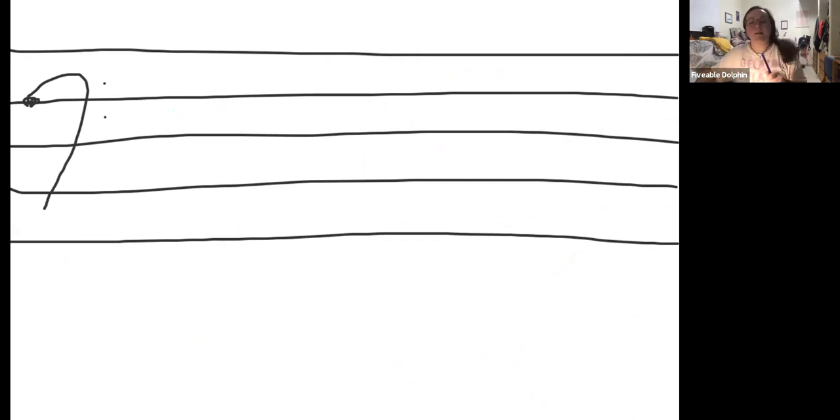So the first one for this one is going to be an E half diminished 7th chord. So yeah, E major. I don't know why I didn't write that in here, but E major half diminished 7th chord. So that's going to be notated like so.